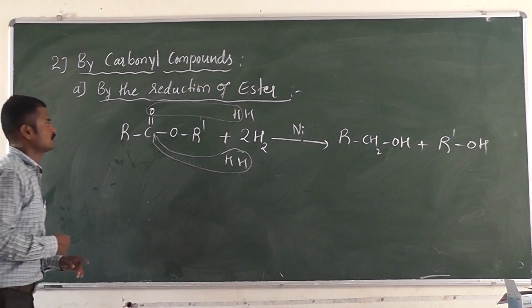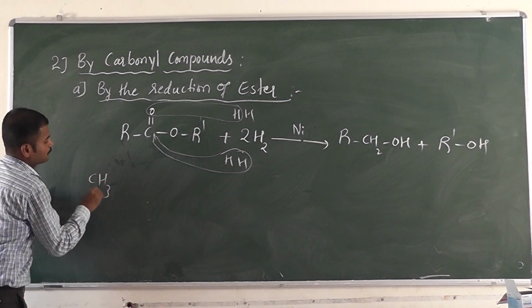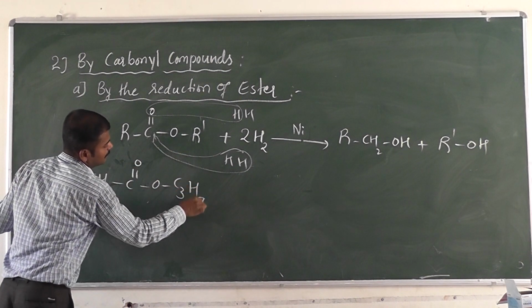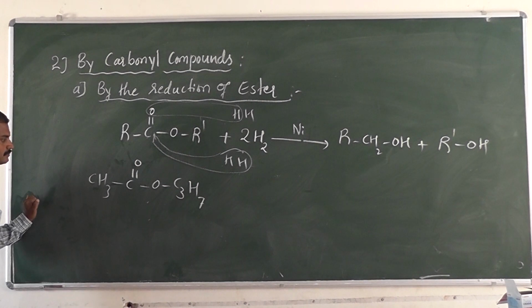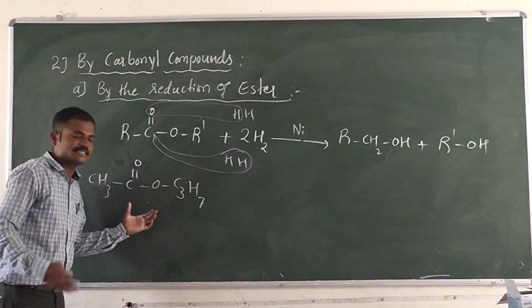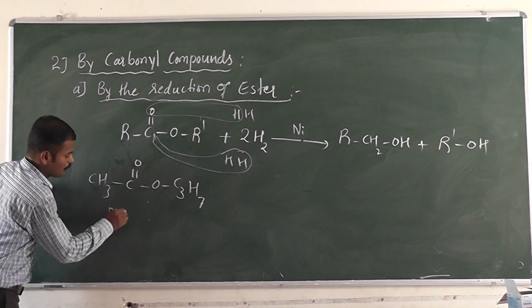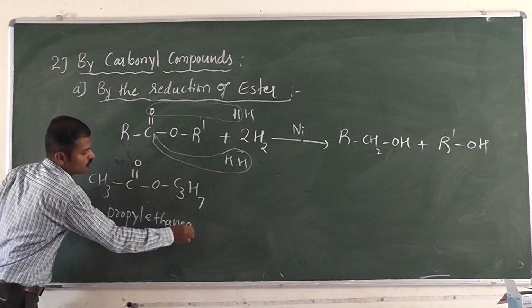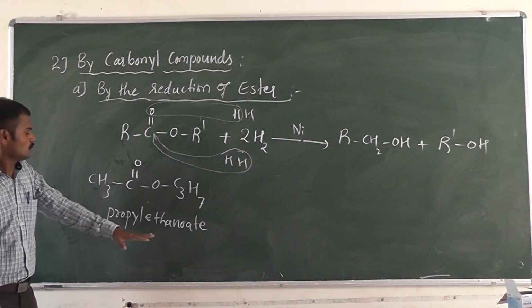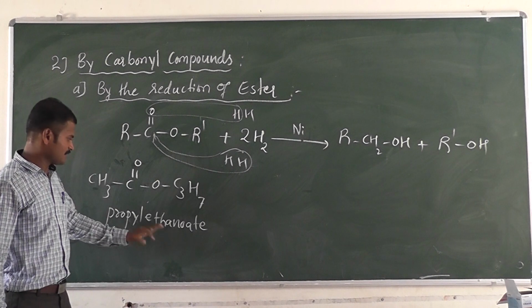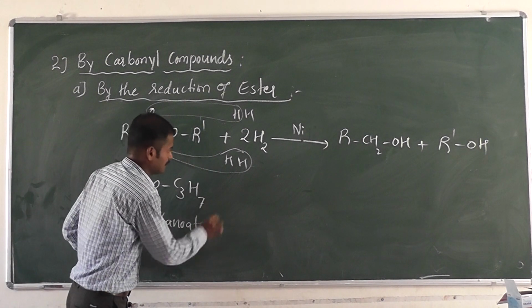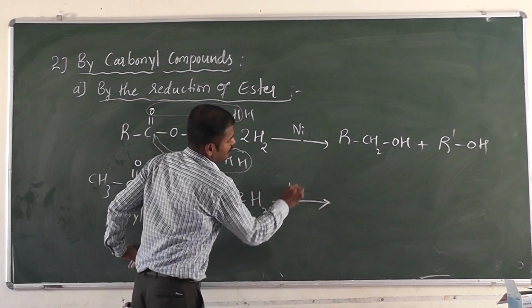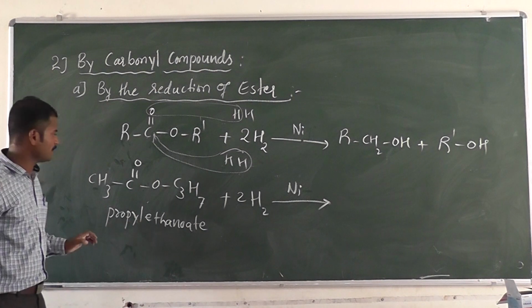Both are alcohols. See, if I take CH3COOC3H7, this is propyl ethanoate. This is called propyl ethanoate. I am taking ethanoate, the suffix is "oate", plus 2H2 in presence of catalyst nickel. So what happens here?